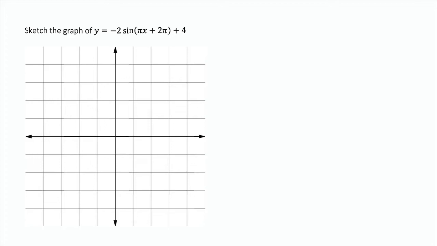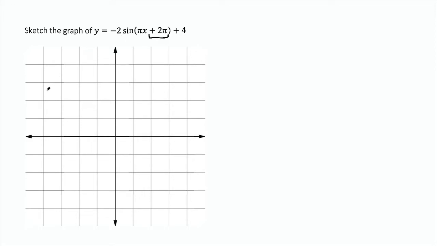Sketch the graph of y equals -2 sine of pi x plus 2 pi plus 4. Well, here there's actually a little trick that we can do real quick. We know that sine has a period of 2 pi. That means that this plus 2 pi is just shifting a full period of the sine function.